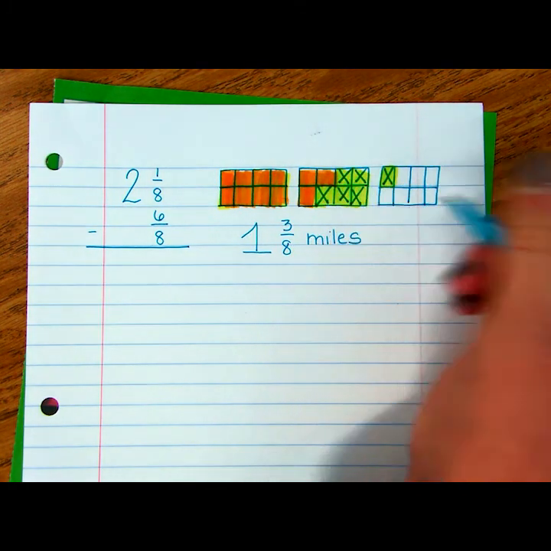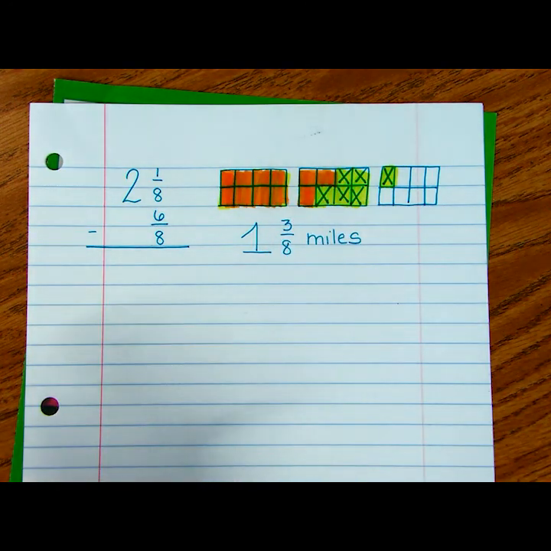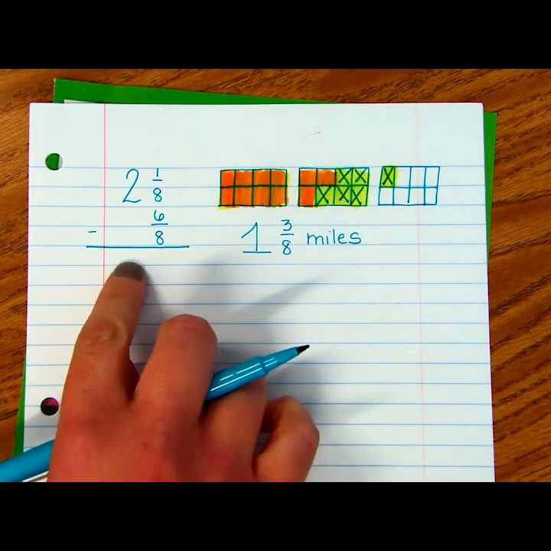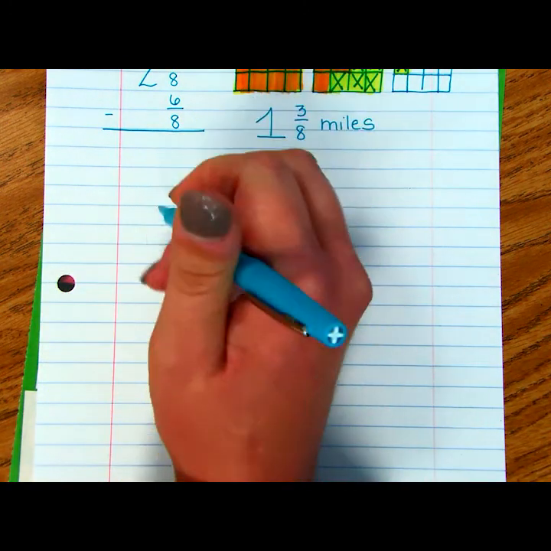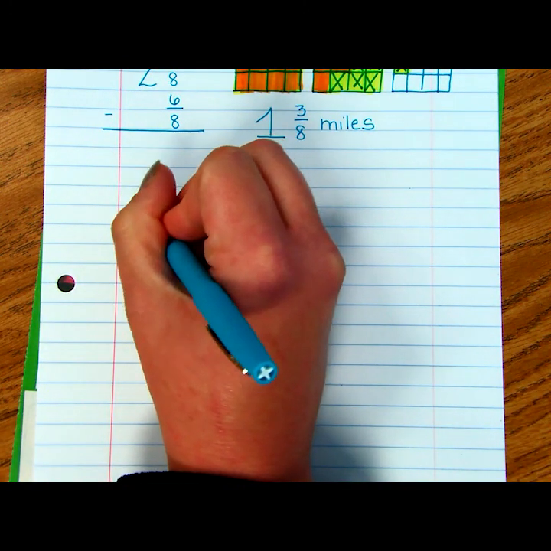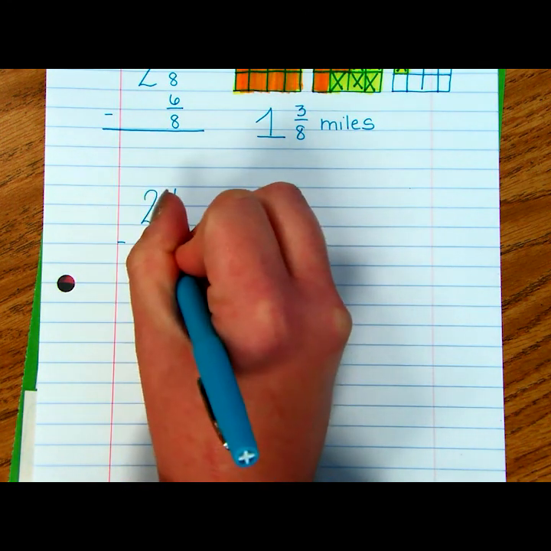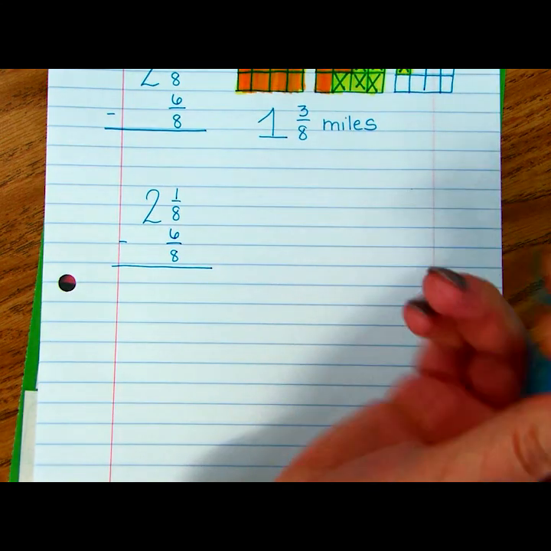Now, we said that, of course, you can draw the picture, and some of you will probably skip this step and you'll go right to the subtraction part. So now I'm going to rewrite this, and let's see how that looks when we're just doing the math and not including the picture. So this is a little bit different than the addition.